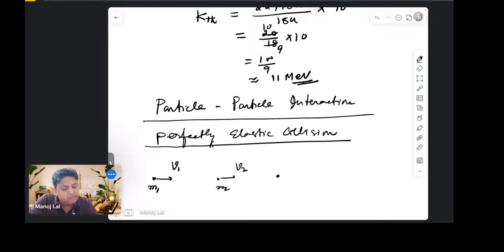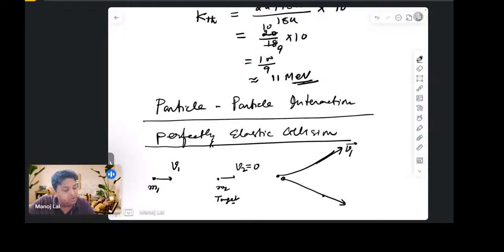Let me take a simple understanding that V2 is 0. This is the target. Then this V2, after collision, is going something like that, and V1 is going something like this.